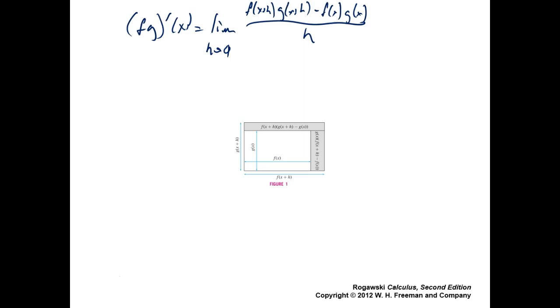So that's this strip here, okay? Now this strip over here is g of x, that's the width here, times f of x plus h minus f of x, so that would give you this one, okay?